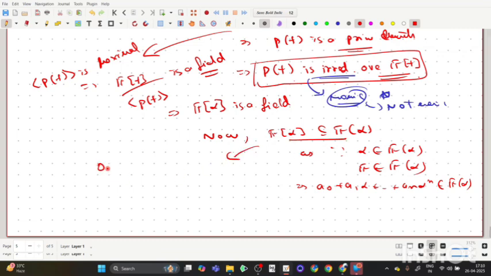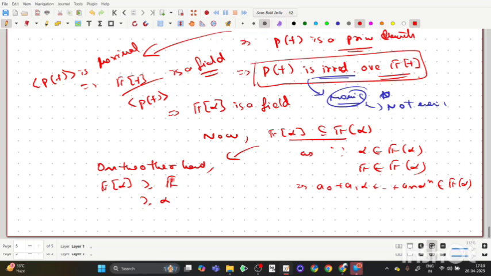On the other hand, we can easily observe that F[alpha] contains F and it also contains alpha, right? Because I can choose every coefficient to be 0 and a1 to be 1, and I can choose every coefficient to be 0 except a0.